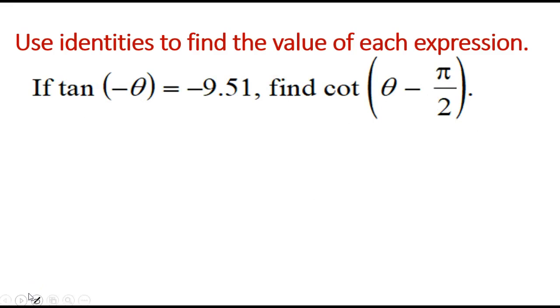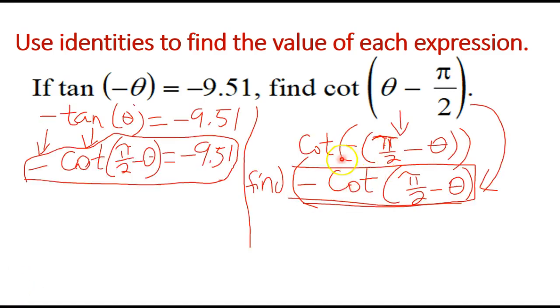Why not pause the video and try this one for yourself first, and then check your answer. All right, so we simplify the right side, what we are finding. This is a negative angle, and cotangent is odd, so it's going to come out to be negative cotangent. Then we look at tan.